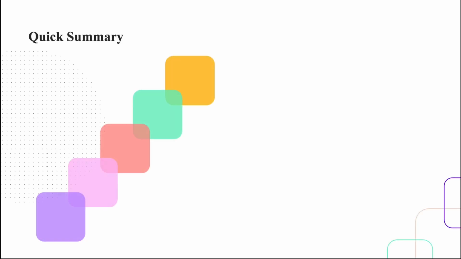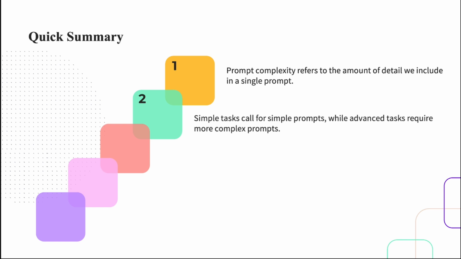Before we wrap up, let's recall what we learned about prompt complexity. Prompt complexity refers to the amount of detail we include in a single prompt. Simple prompts work well with simple tasks like basic facts and brief explanations, while complex prompts are needed for multi-step tasks. Identifying and matching the prompt complexity to the task helps get better results.